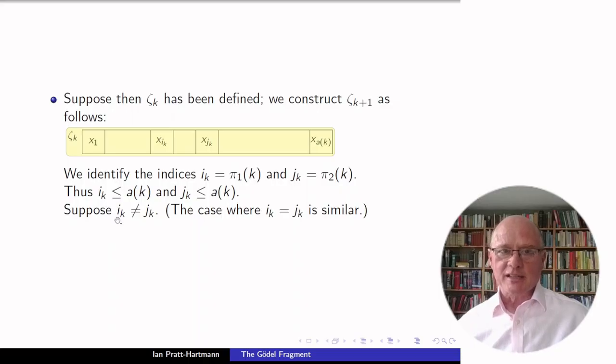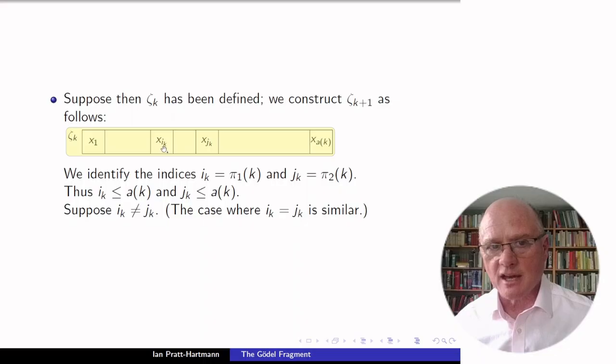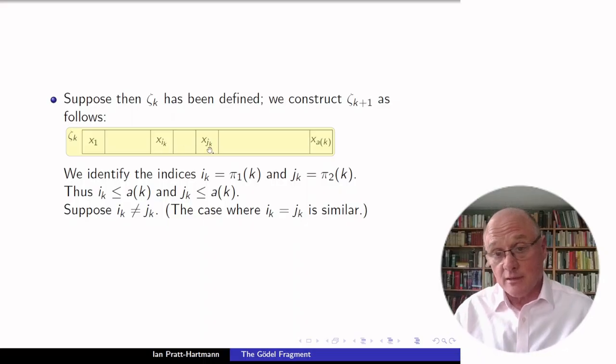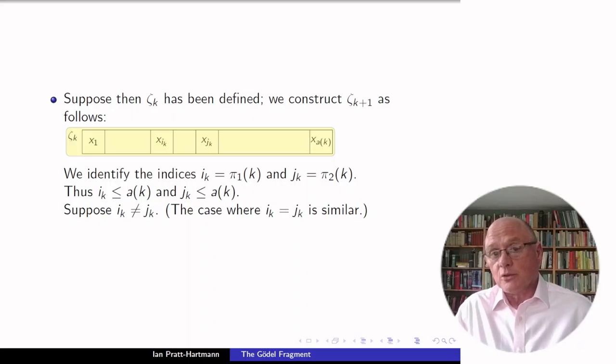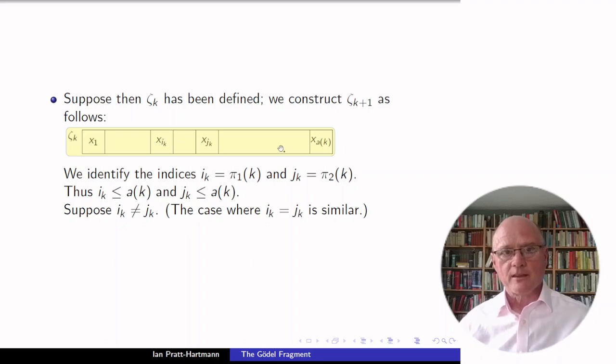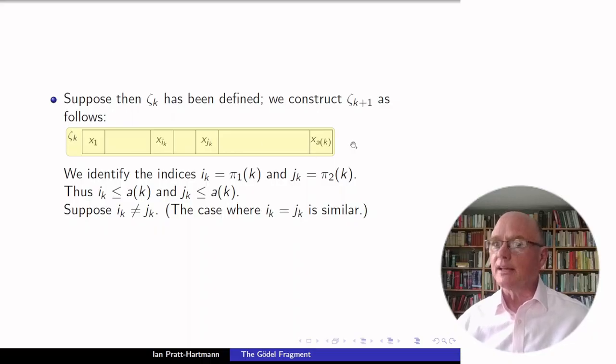Let's suppose for the moment, just for definiteness, that xik and xjk are different. They could be the same, but the reasoning in that case is similar, so I'll just deal with the case where they are different. What we need to do is construct additional elements to define zeta k plus 1. So the yellow stuff here is defined already.